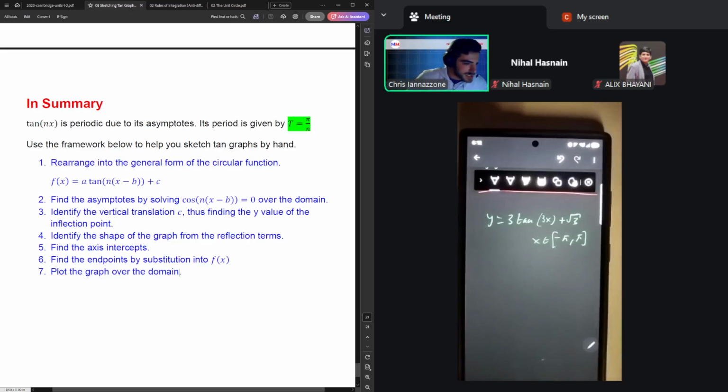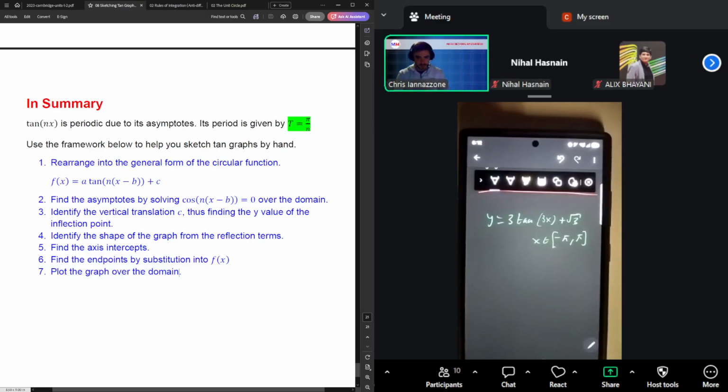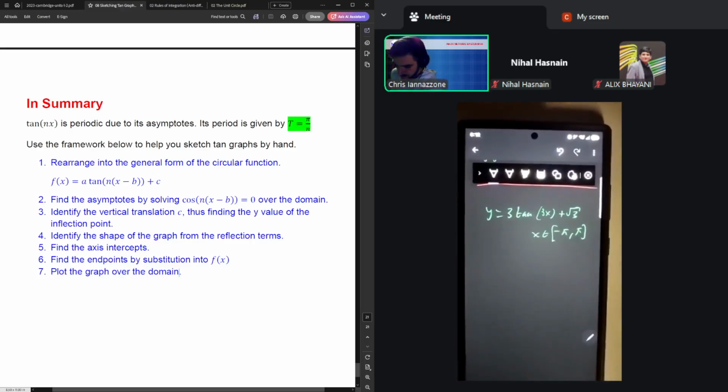Next up, finding the asymptotes by solving cos equals 0 over the domain. What's that going to look like? If we have a look back at the steps, we're up to step 2 right now.